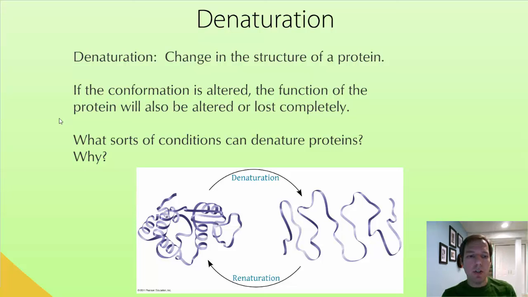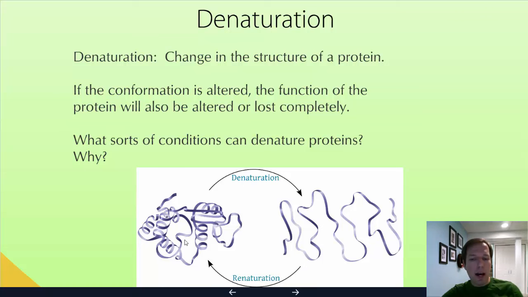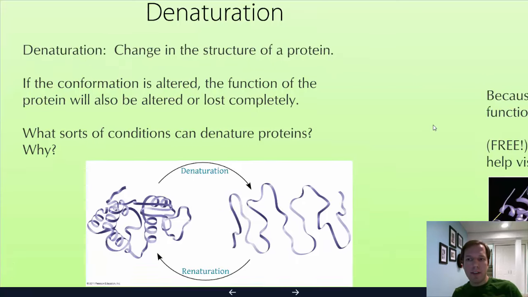So denaturation is going to ultimately harm the ability of the protein or prevent the protein from doing what it's supposed to do. In some cases, proteins will renature, but they may renature into a different shape. And if they have a different shape, that often is going to mean that their function is still going to be lost.